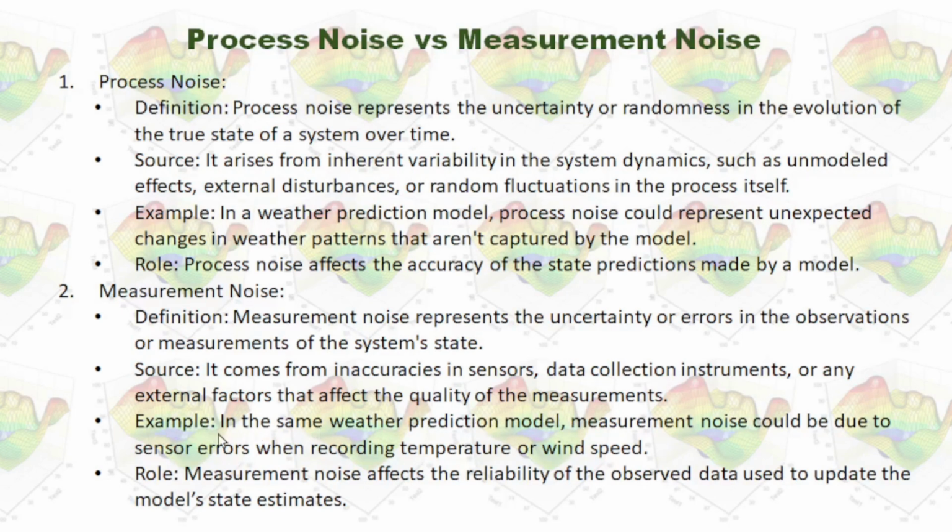For example, in the same weather prediction model, measurement noise could be due to sensor errors when recording temperature or wind speed. Measurement noise affects the reliability of the observed data used to update the model's state estimates.